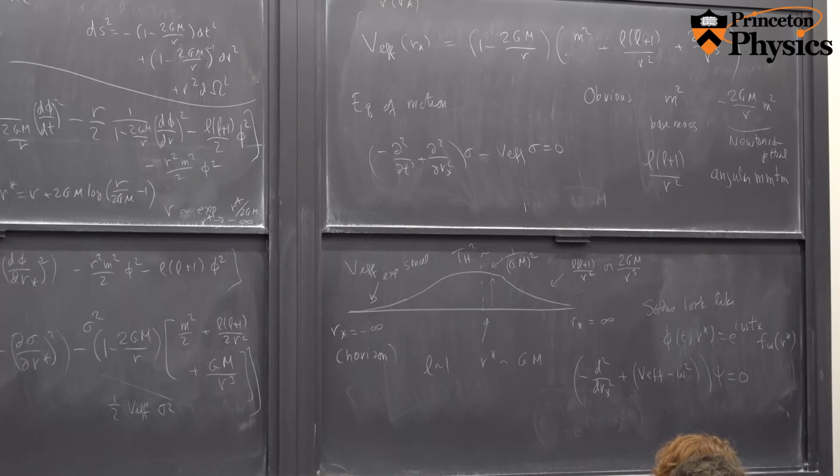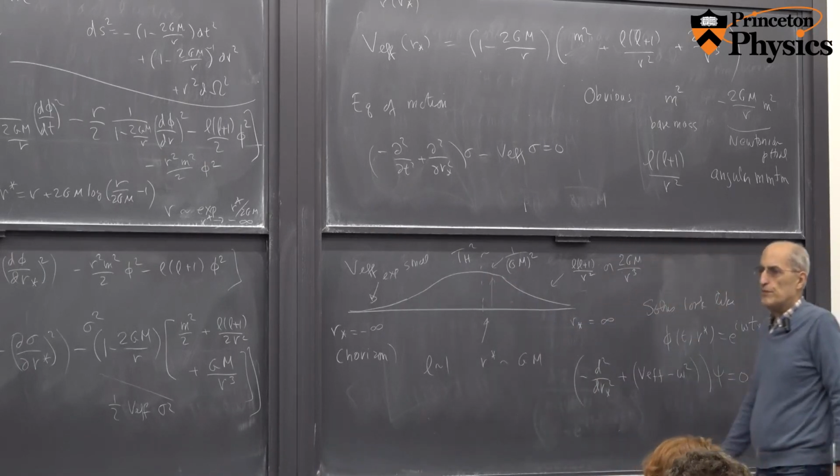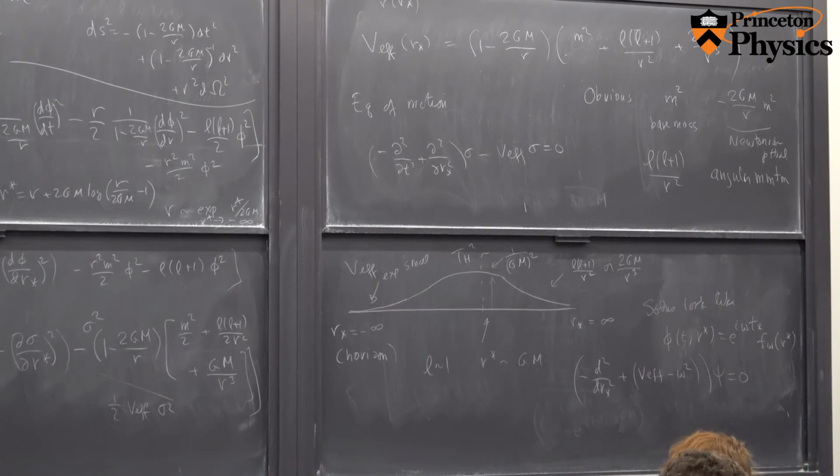Therefore, it also has to reduce how much radiation the black hole emits by the same amount in order to maintain thermal equilibrium. So we expect the presence of the barrier will reduce the radiation from the black hole compared to what we calculated before by a factor which should be the transmission probability.